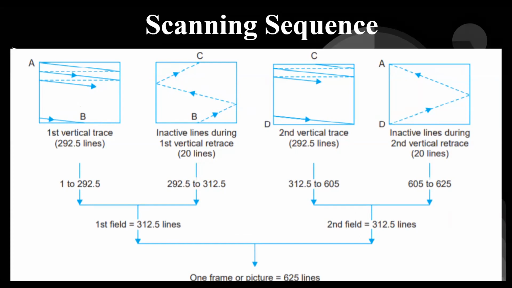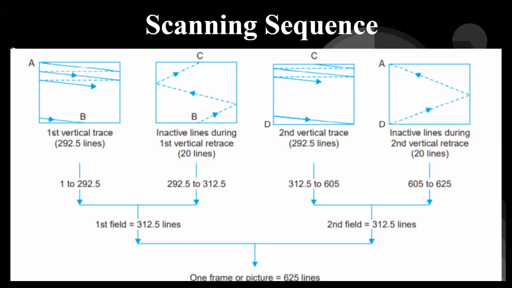So for the second field, you are on the way to catch the second vertical trace. That is the next 312.5 to 605. Just you add 312.5 to 292.5.